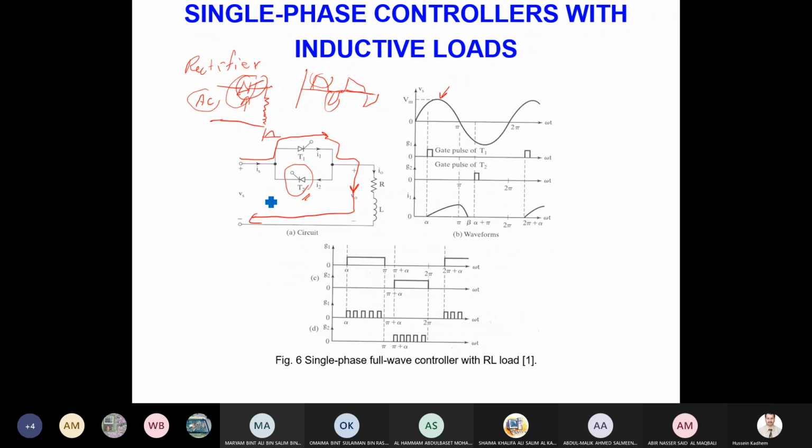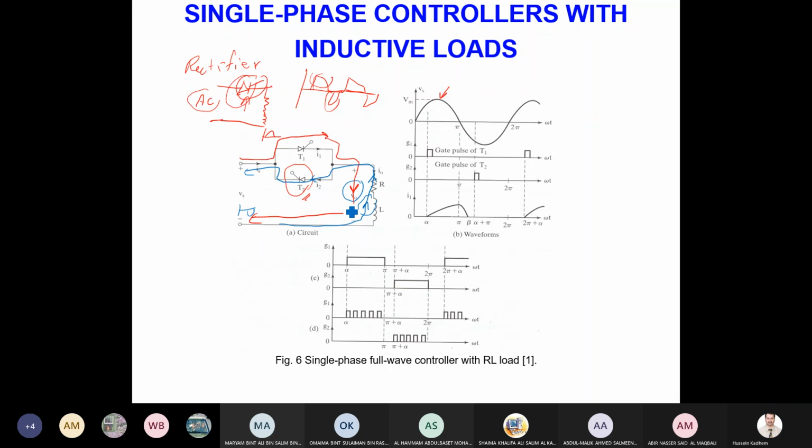When we have the negative part, the current will flow through the other switch back to the supply. The load sees both the negative and the positive waveform.